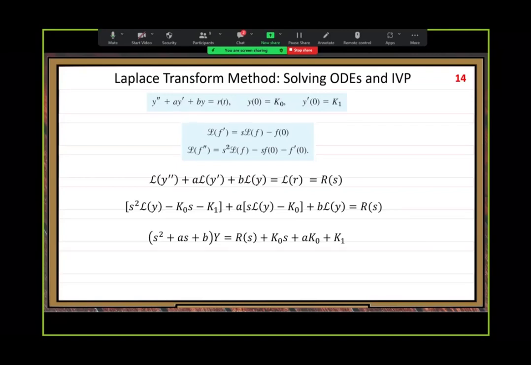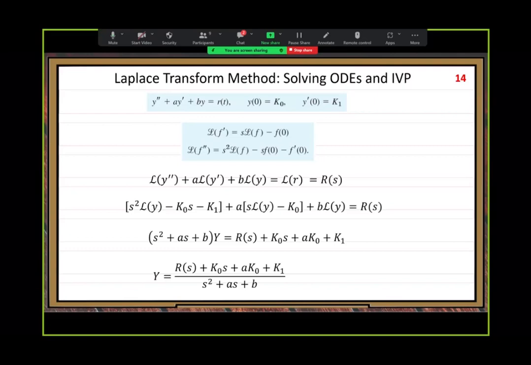Then combine the coefficients on the right-hand side, all the s terms, and do the division. That is the Laplace transform of your solution function. It looks a little complicated, but you have the Laplace transform of the solution function.